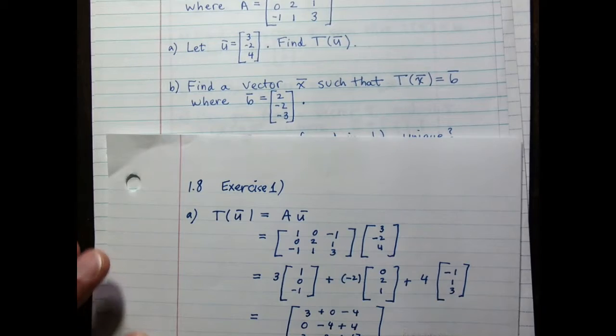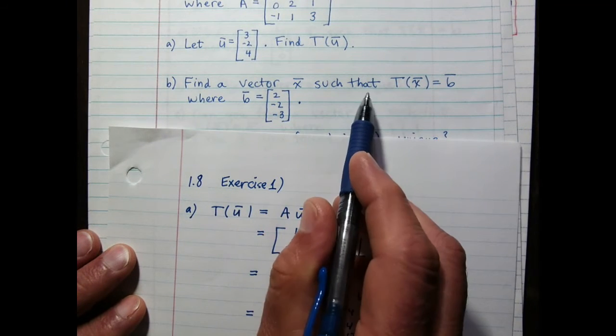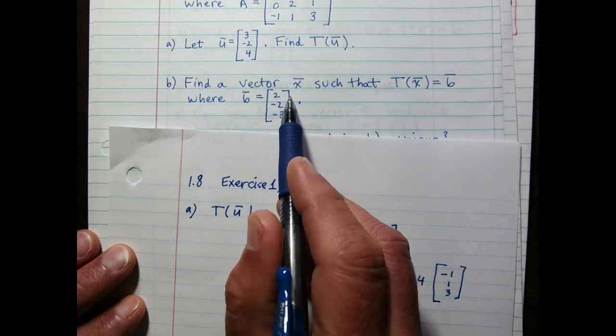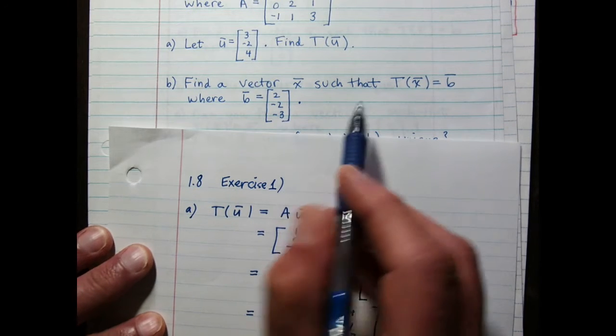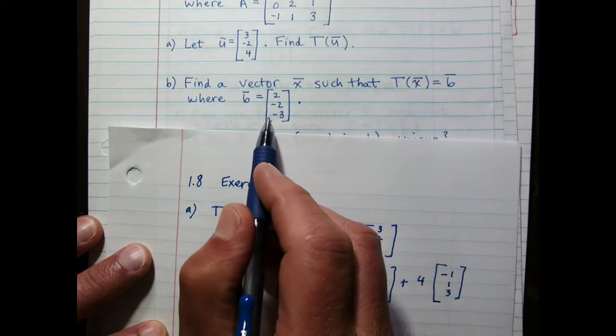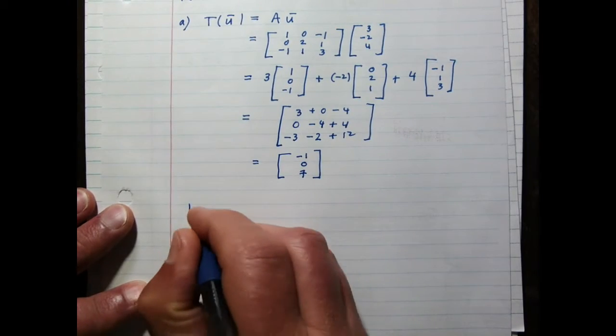Part A. In part B of this problem, we want to find a vector x such that T of x equals b, where b is given 2, negative 2, negative 3. So we're trying to find an input vector, a domain vector x, that will have the image 2, negative 2, negative 3, right? So let's write what we want to do.